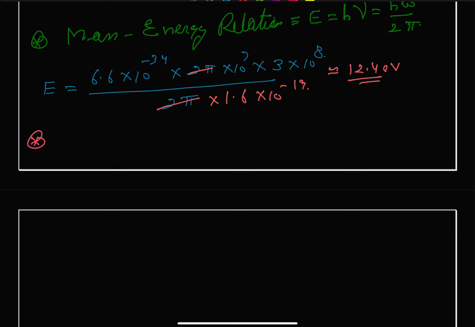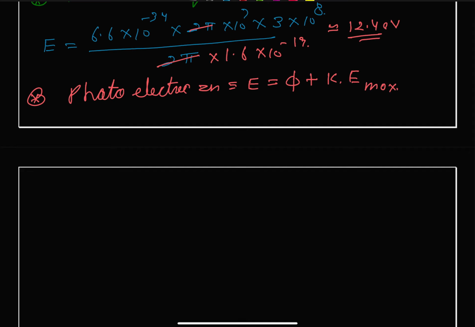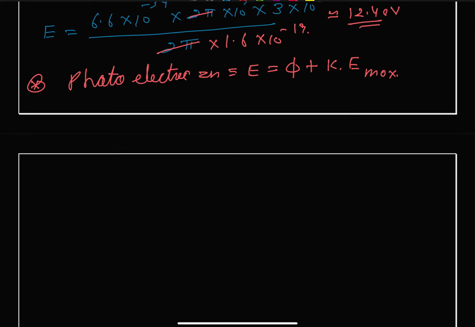We know the photoelectric equation, this gives us E is equal to phi plus kinetic energy maximum, and we substitute the values so that our kinetic energy maximum is equal to energy minus work function.